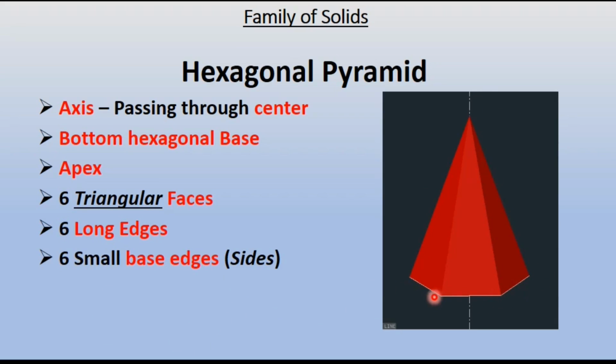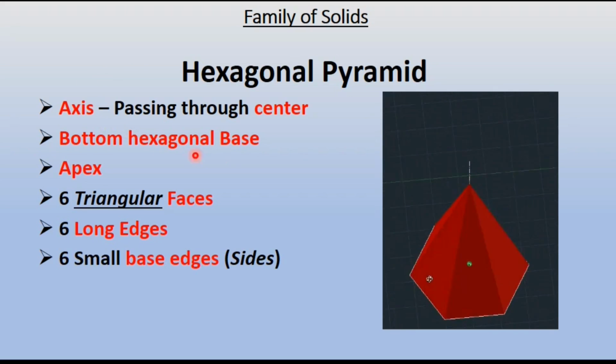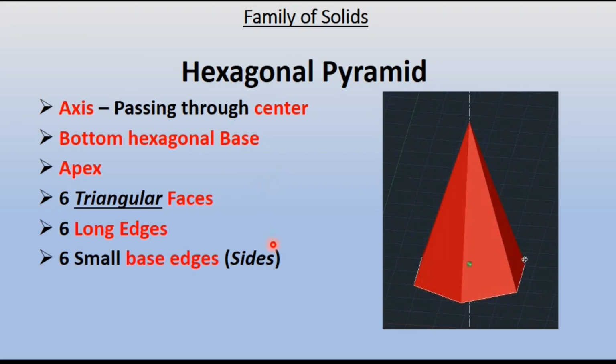You can see bottom 3 sides are visible now to us, 3 base edges are visible now, 1, 2 and 3. So this is a hexagonal pyramid. We will have axis, bottom base, apex, triangular faces, 6 longer edges and 6 small edges.